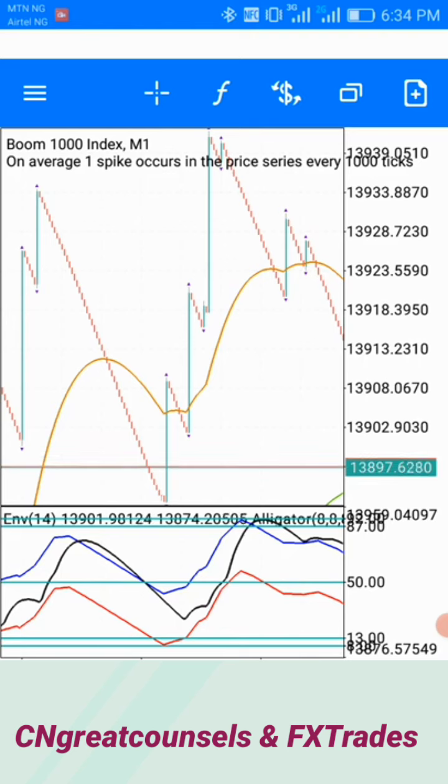Now you look at this relative strength index level, okay, of this green line you are seeing up, and then the green lines here, okay? On bull market, you are looking at the upper band of the envelope. That is the blue line you are seeing, is the upper band of the envelope, okay?